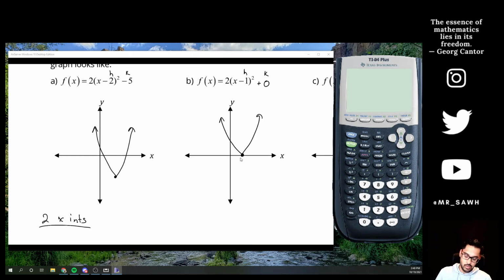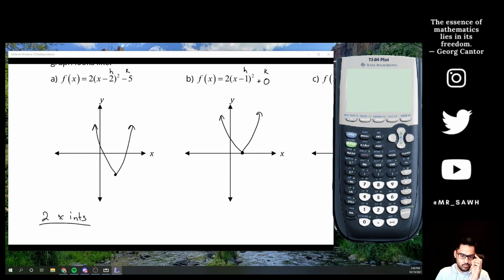And this one really has 2 x-intercepts, but it looks like it only has 1. Because I can rewrite this equation, so the function of x is equal to 2x minus 1 multiplied by x minus 1. So technically, there are 2 x-intercepts. They just happen to be the same number.